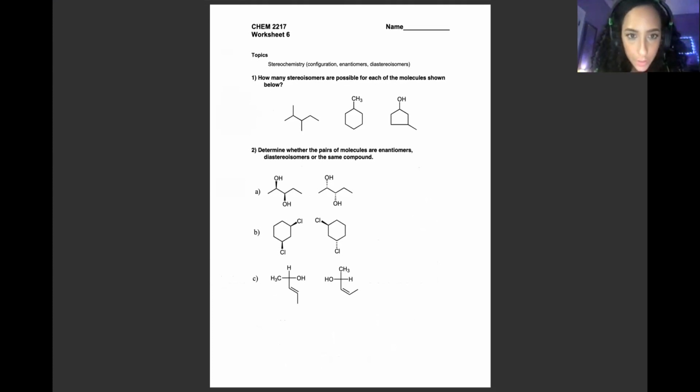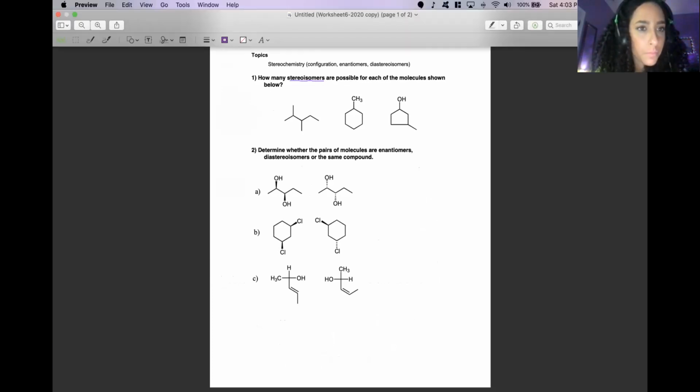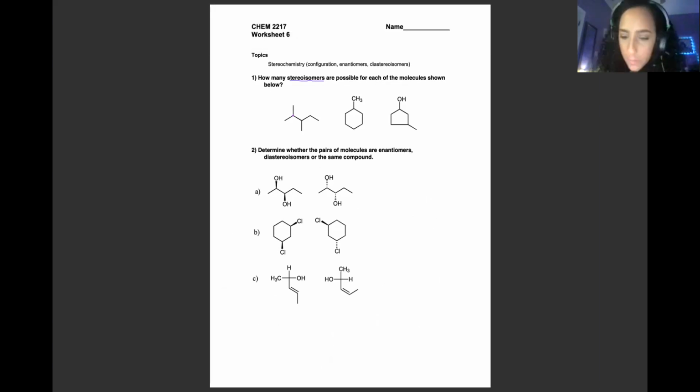So, right here, stereoisomers. Okay, so this one right here, that's 1, 2, 3, 4, but these are methyls, so they're identical, so that's not a chiral center.